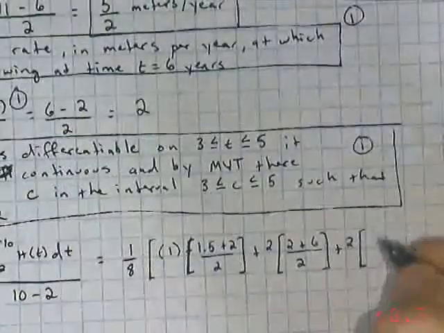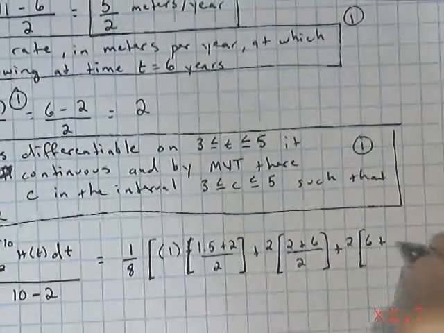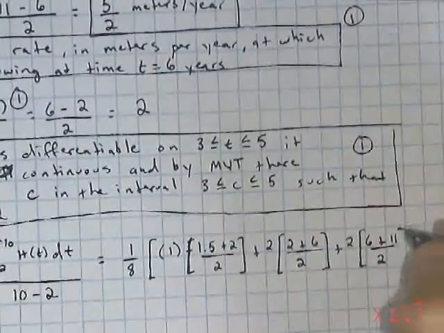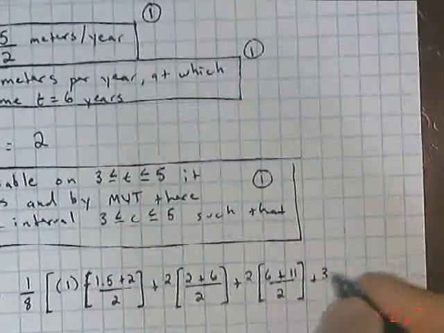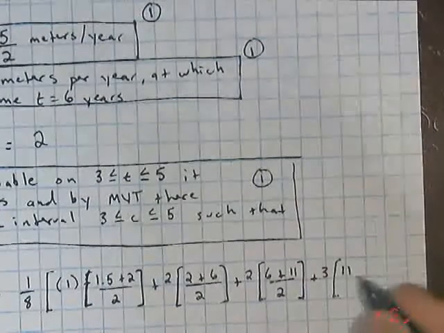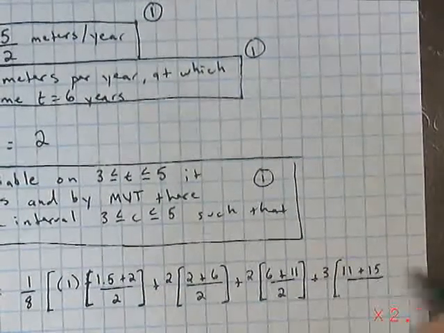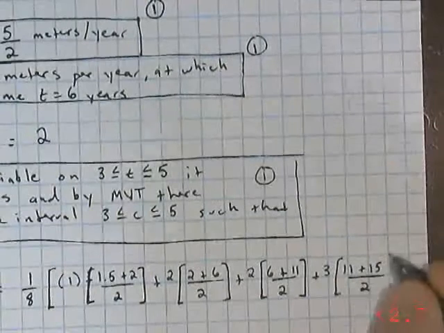Our base 1 there is 6. Our base 2 is 11 divided by 2. And then our final height is 3. Base 1 there is 11. Base 2 is 15 divided by 2.